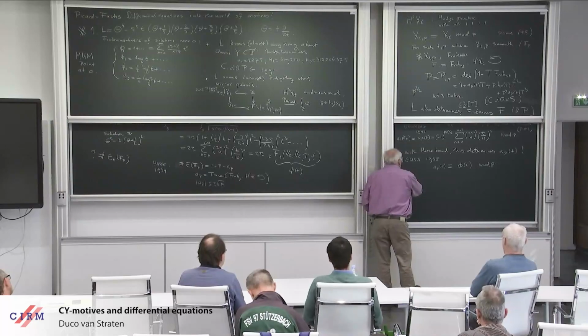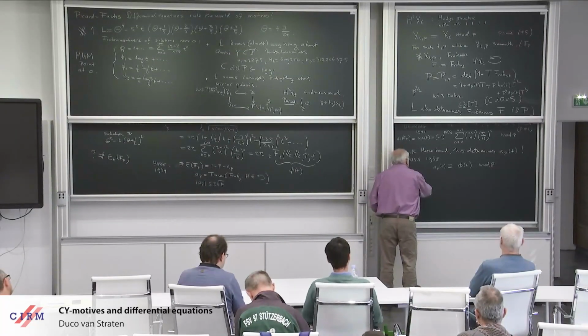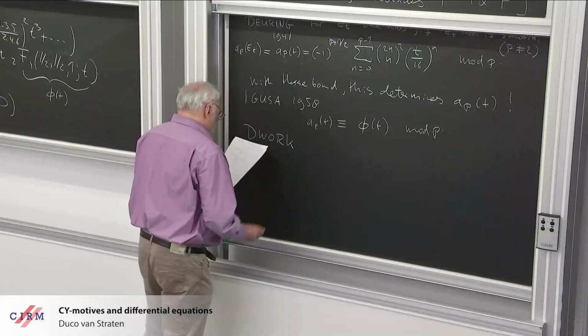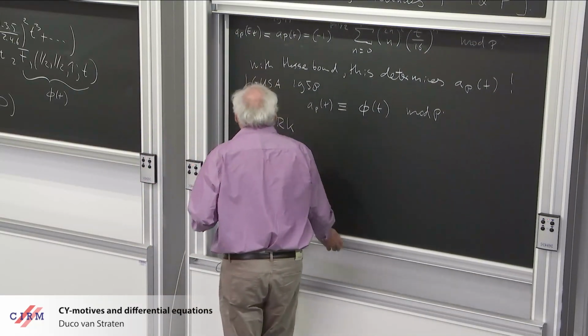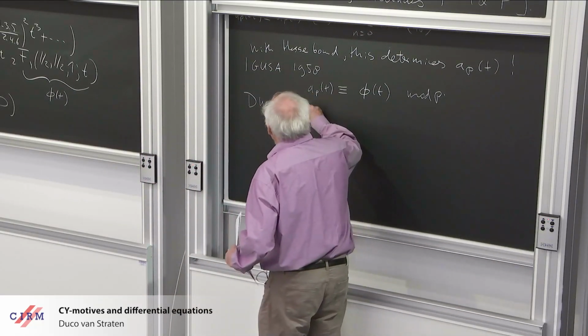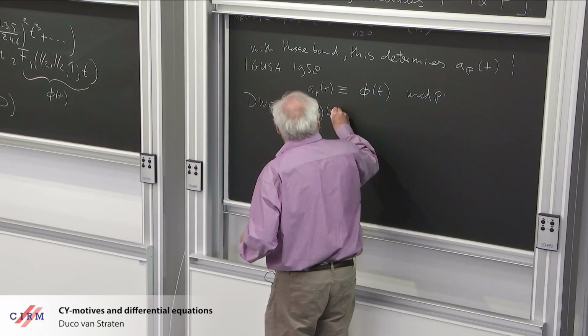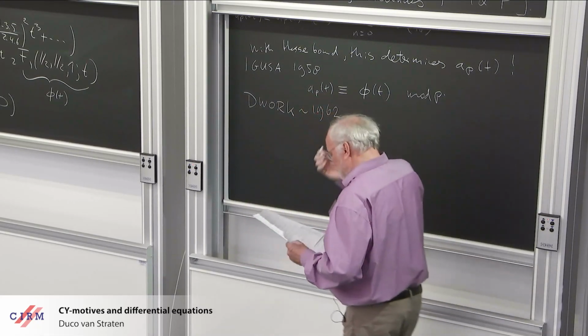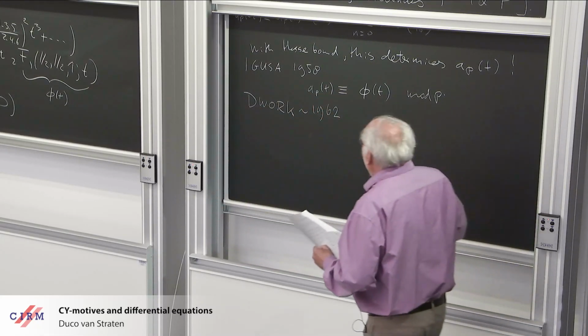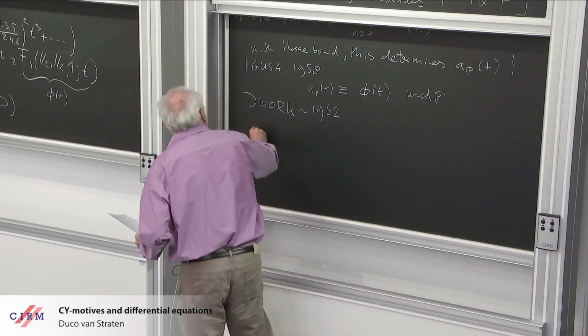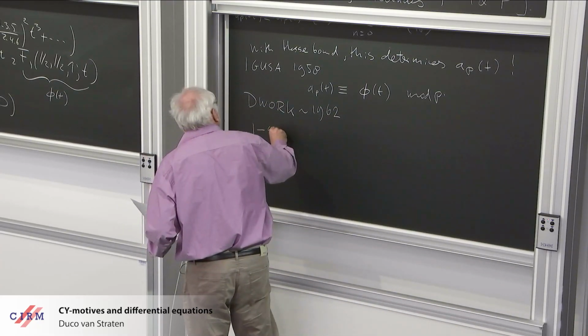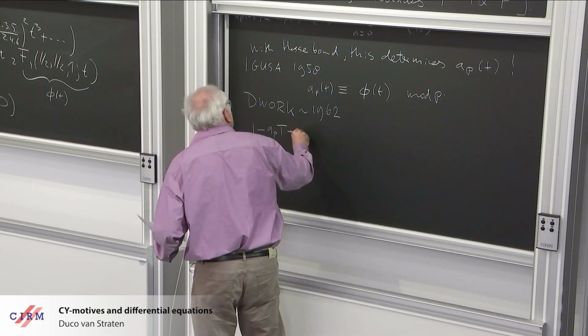Then this was the starting point for Dwork. This is the early 60s, maybe 62, where we look at this polynomial.